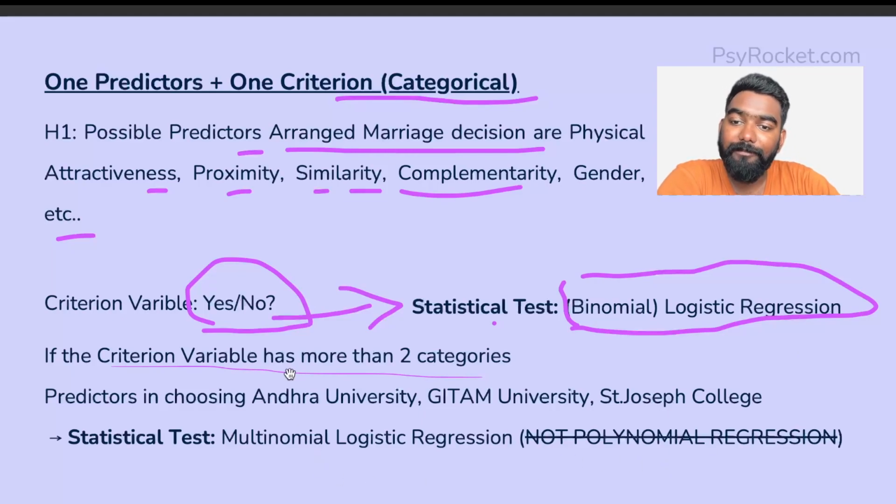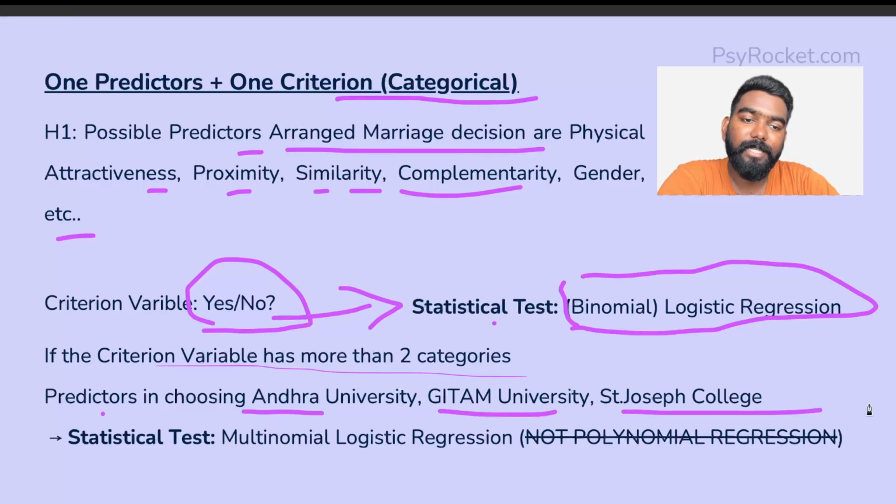And if the criterion variable has more than two categories, for suppose, what are all the predictors that can successfully predict whether a student chooses Andhra University, Gitam University, or St. Joseph College for their postgraduate in psychology program? Then we will use a statistical test called multinomial logistic regression.